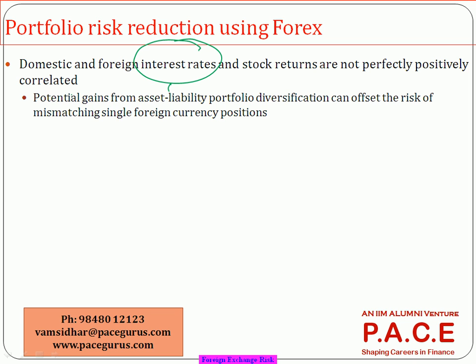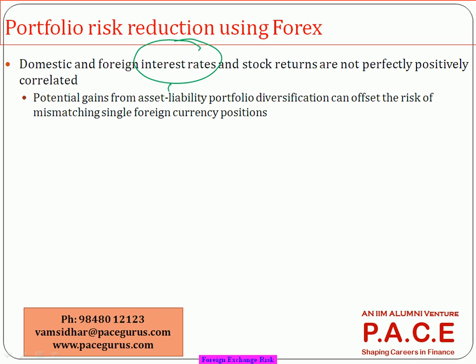By lending some portion of your money in the US market, by investing some portion in the US stock markets or probably UK markets, by investing portions across various geographies, the overall risk can very well be diversified. That is the typical intention of portfolio risk reduction using this forex kind of transaction market. Correct?